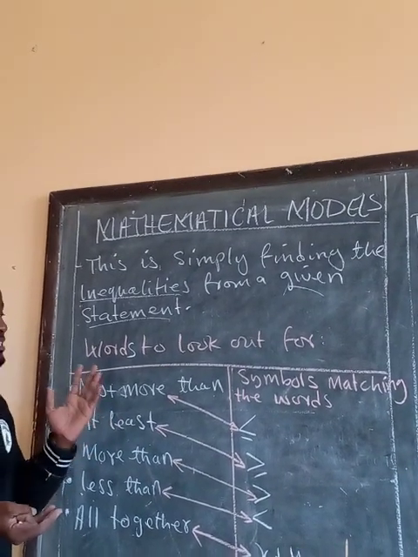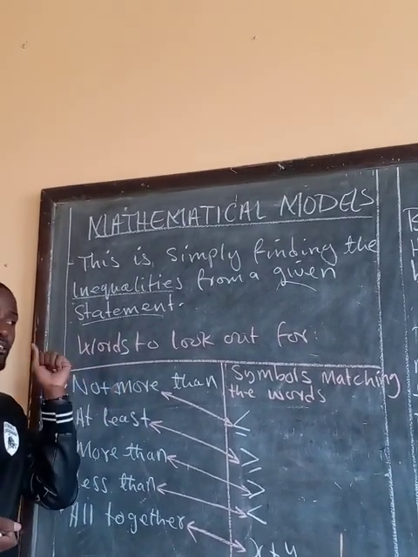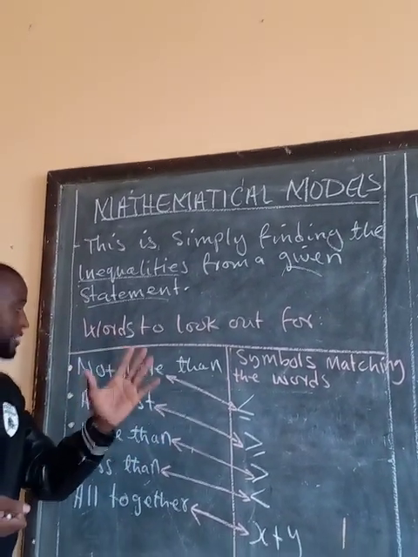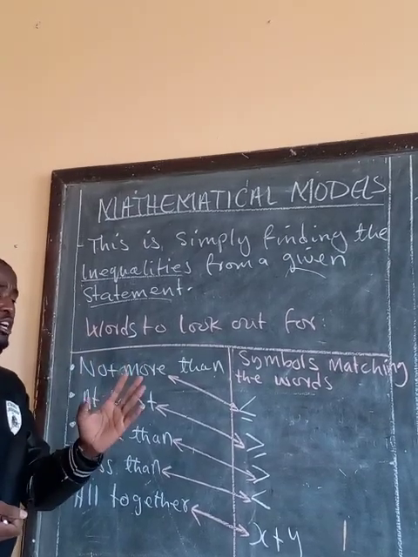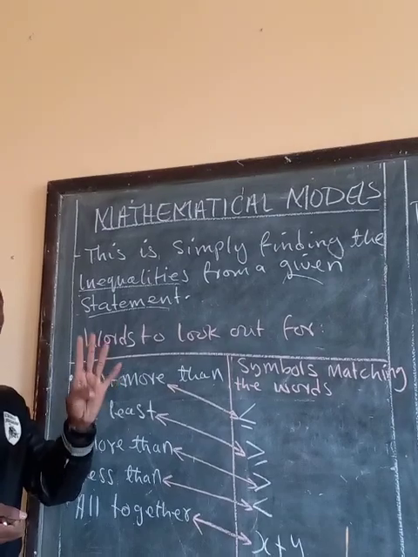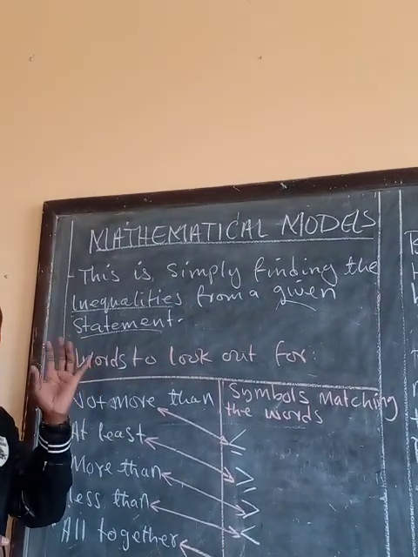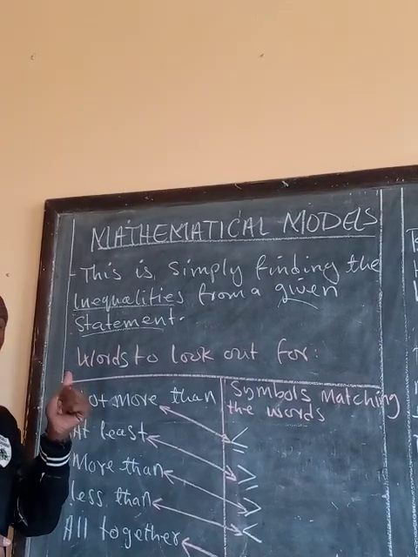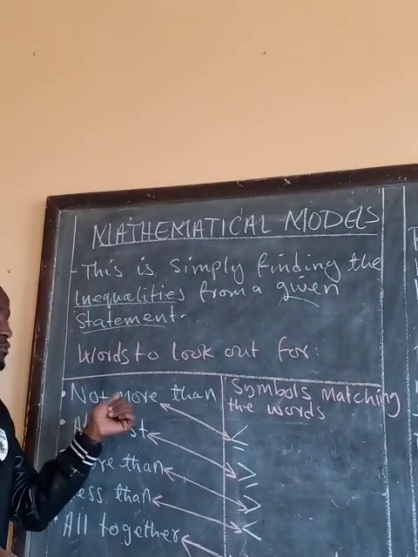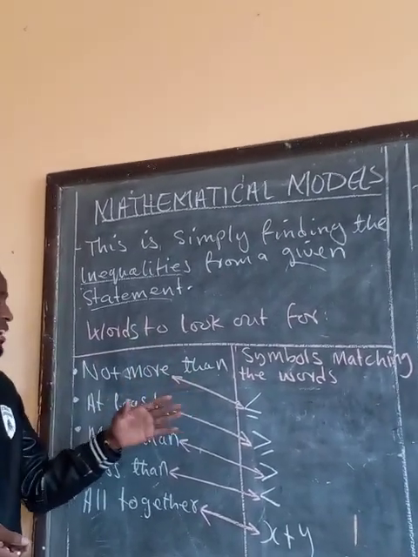No. If I say, go buy me not more than 5 sweets, it means you are going to get 5 sweets, or less than 5, but not more than 5. That is what not more than means. You should get equal to 5 or less than 5.